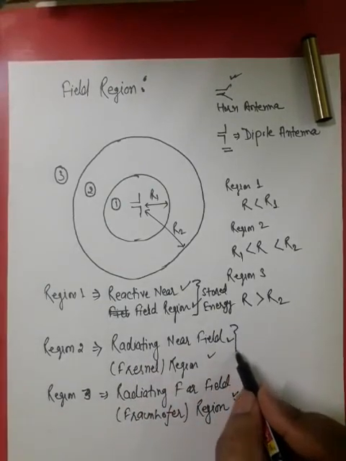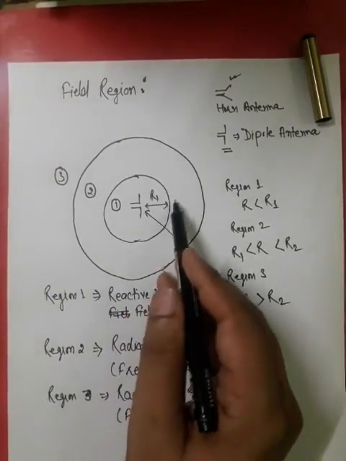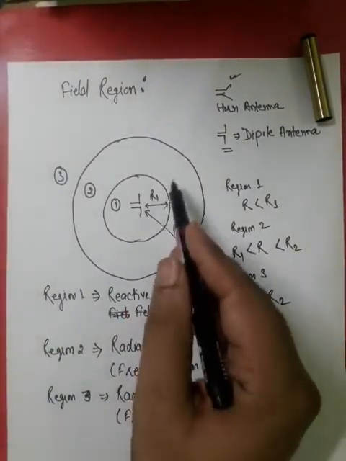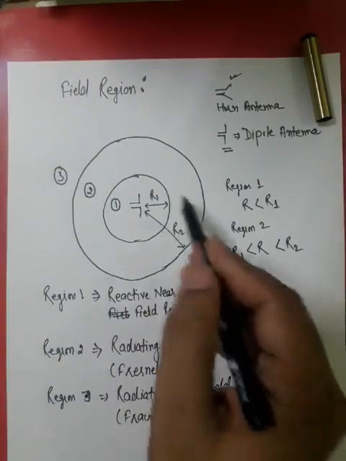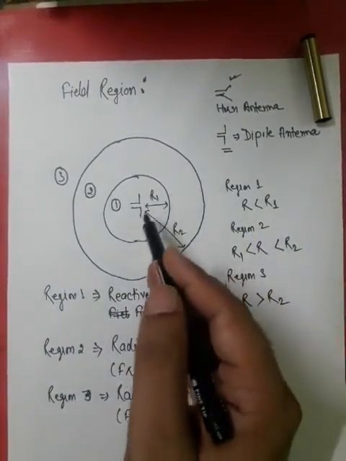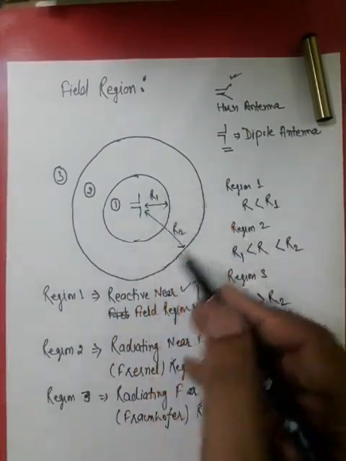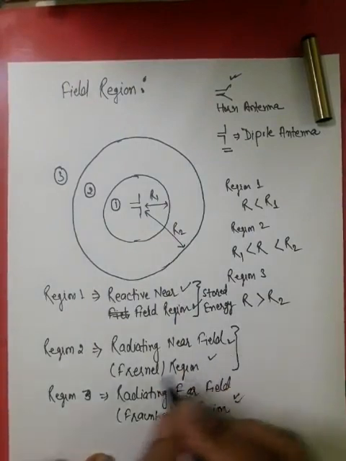Radiating near field region: here, from the stored energy, the signal starts radiating. It means it has delinked from the antenna and started propagating in free space. But what happens in the radiating near field?